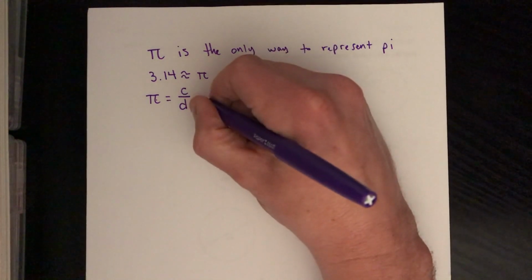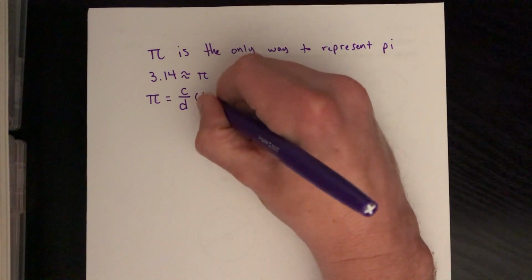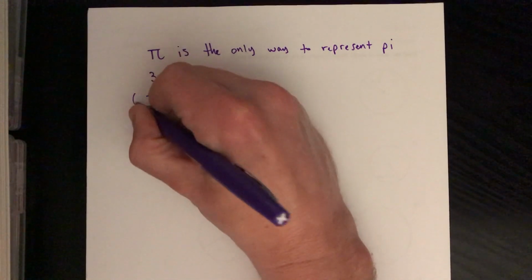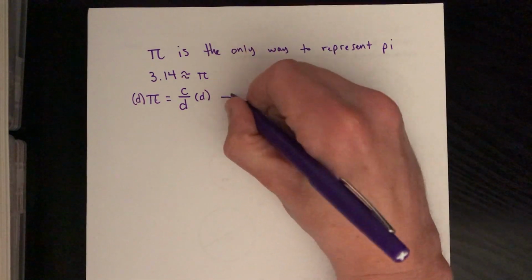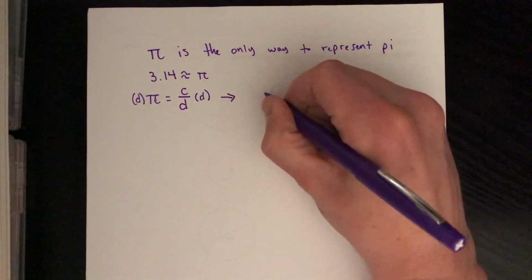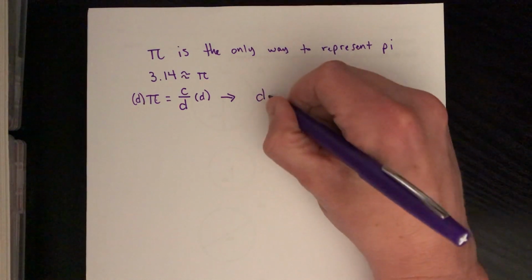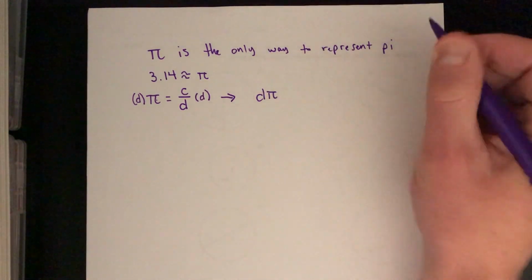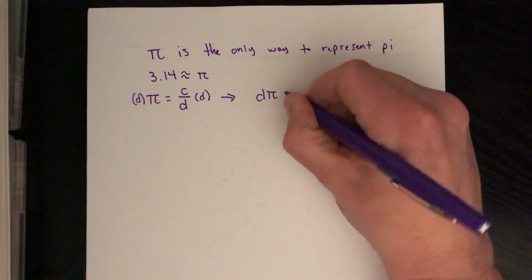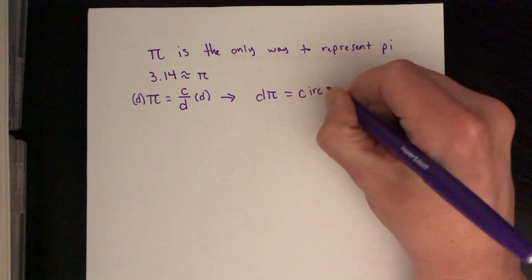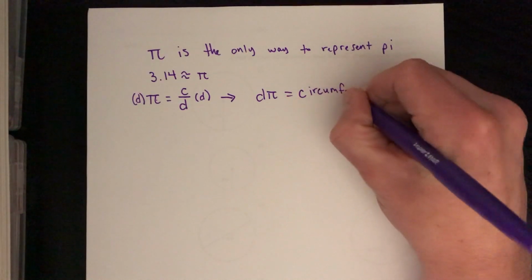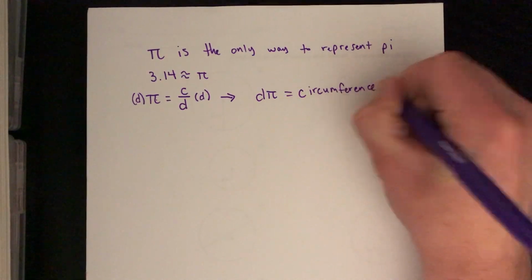And then we used our equation skills to multiply both sides of this equation by d, and that's how we derived the formula for the circumference of the circle. We got d times pi, or pi times d is how people usually write it, equals c for the circumference. These are all things that should be reviewed.